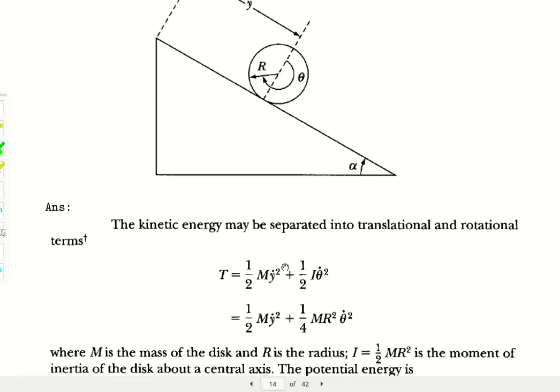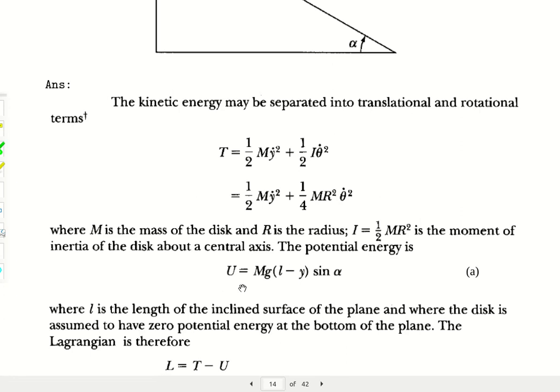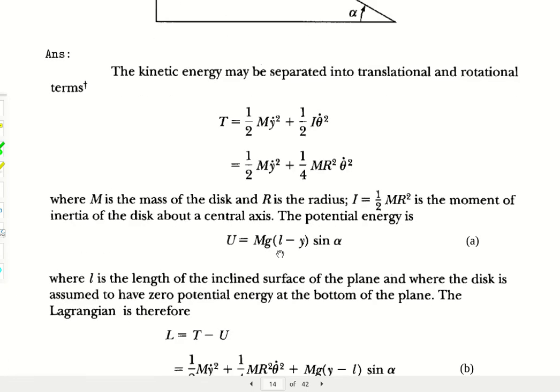We all know that I is half m r square, which is put down here. And what is the amount of potential energy? With respect to the ground, you can easily get it: mg into (L minus y) into sine alpha.